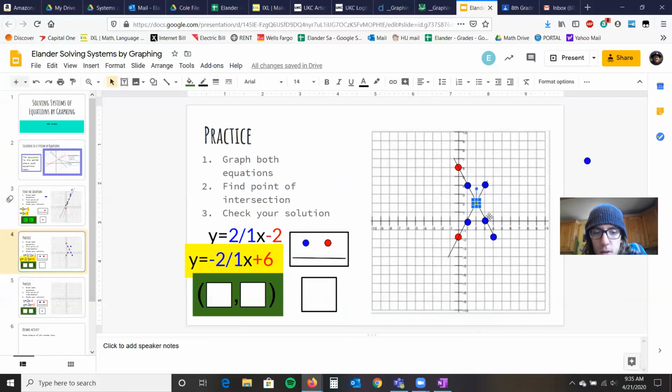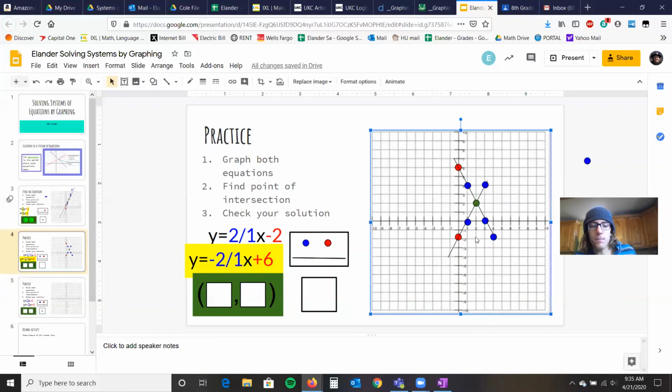So where is this point located? Remember, every coordinate pair is an x and a y. So how many to the right is it from the origin? So from right here, exactly.